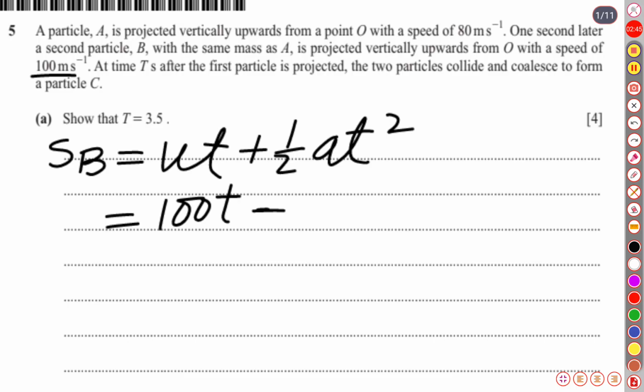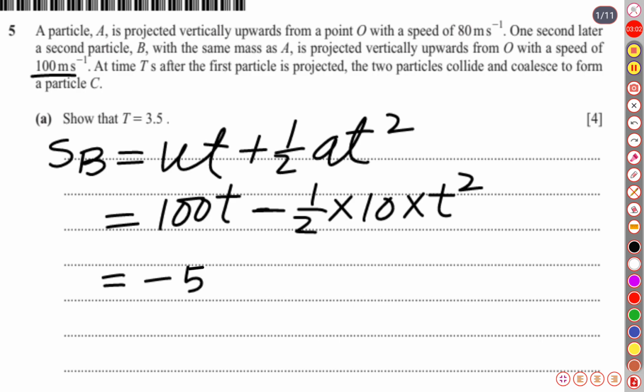That's why the direction of this acceleration is negative. So it is going to be half, acceleration due to gravity is actually nothing but 10, and t squared. So finally, what are we going to get? It is going to be negative 5t squared plus 100t. This is the displacement traveled by particle B before it collides.